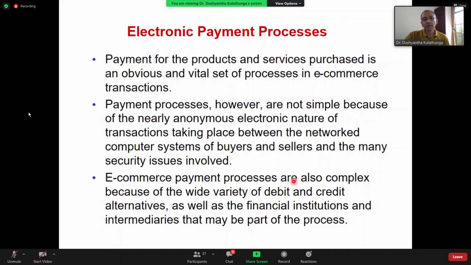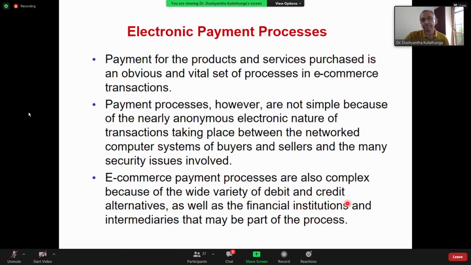E-commerce payment processes are also complex because of the wide variety of debit and credit alternatives, as well as financial institutions and intermediaries that may be part of the process. Now, again, when it comes to e-commerce payments, the users may be possessing different types of options, different types of debit cards issued by different banks, and also different types of credit cards issued by different banks and other financial institutions, and also different other institutes.